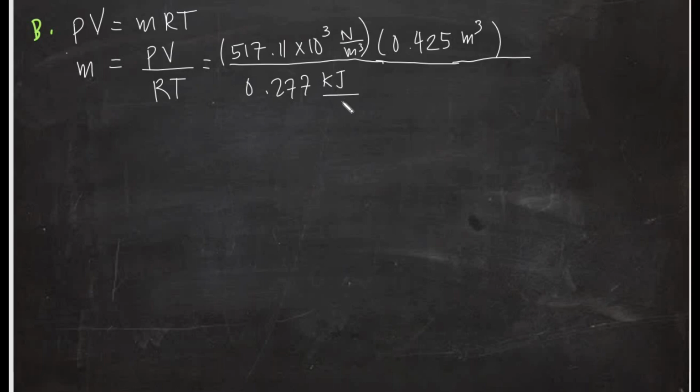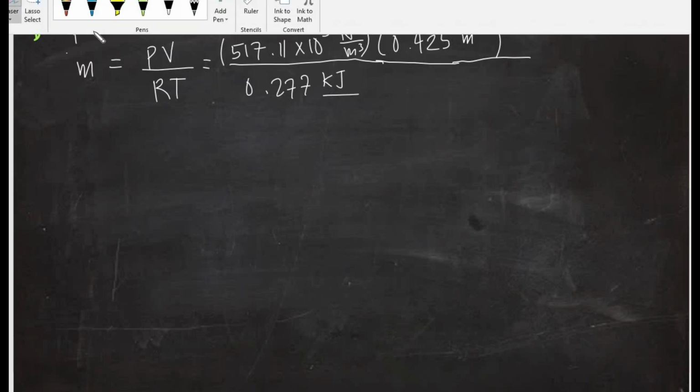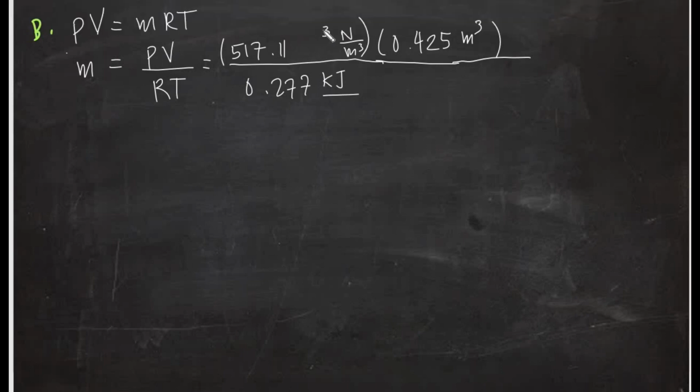Kilojoule is actually kilonewton meter. My bad here, we don't need to put times 10 to the positive 3 anymore, because the kilonewton here would be cancelled out by the kilojoule here. So kilonewton meter per kilogram Kelvin, that is my R.